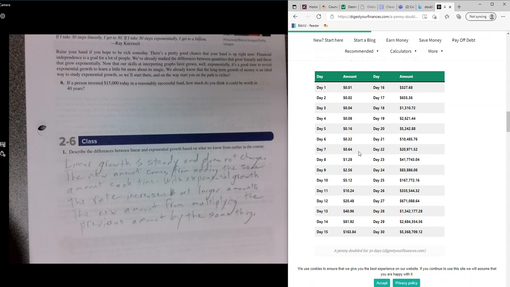Does everyone follow that? So that is the difference between exponential growth versus linear growth. This is an example of exponential growth. So I guess you all need to get those pennies together, and you all could be rich one day.